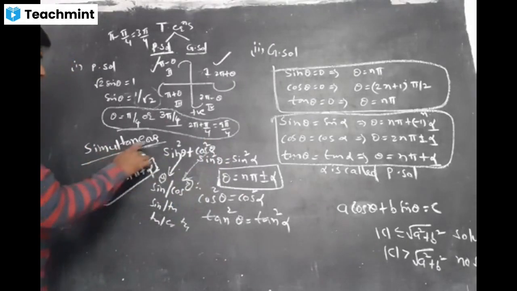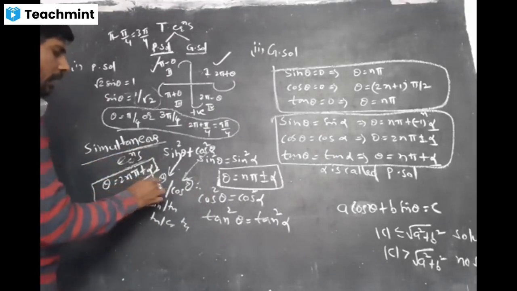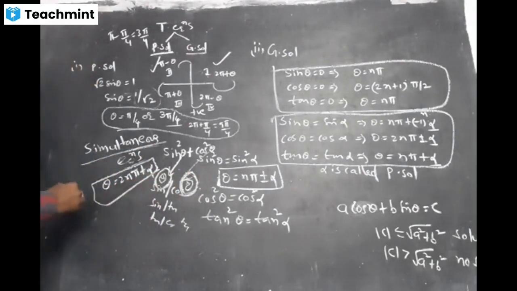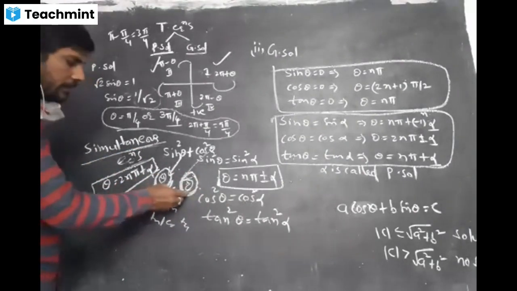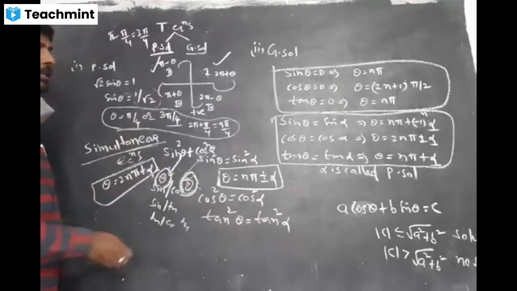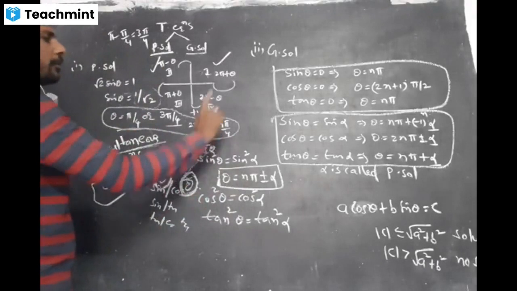So whenever we compare simultaneous equations, theta is equal to 2n pi plus alpha. Alpha means the same angle, the same principal solution. We compulsorily have to take the same angle, the same principal solution. For example, principal solutions are pi by 4, 3 pi by 4, 9 pi by 4.